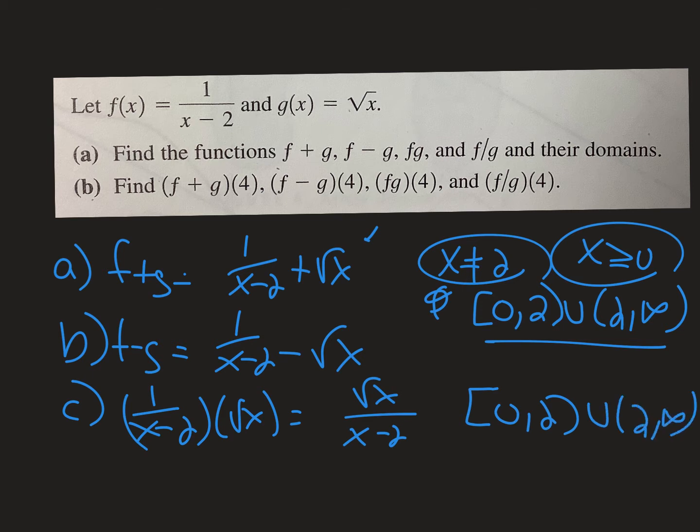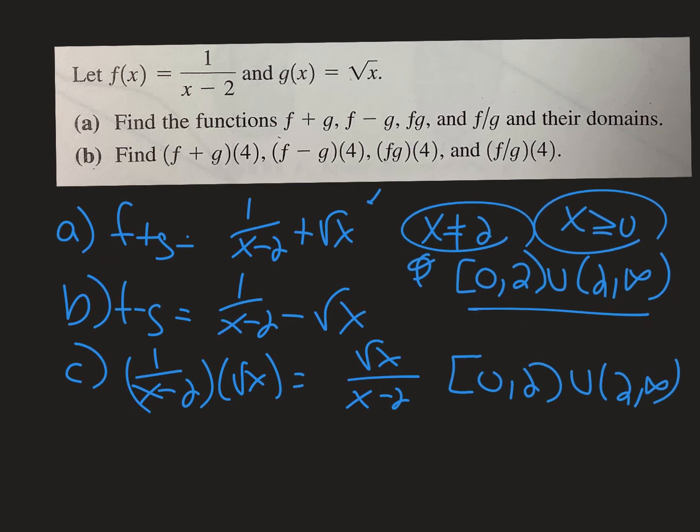And we got one more part here, part D, where we're going to say f divided by g. So I'm going to say 1 over x minus 2 divided by square root of x. And what happens there, remember when you divide fractions, you multiply by the reciprocal.